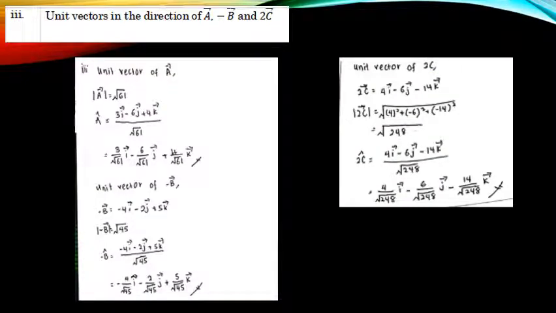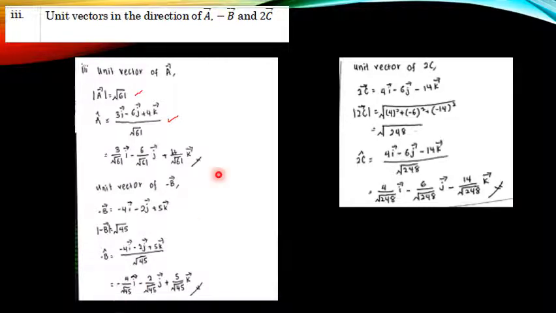For question 3 number 3, we are asked for the unit vector for vector A, negative vector B, and vector 2C. For the unit vector of vector A, the first step is to find the magnitude and substitute into the unit vector formula.